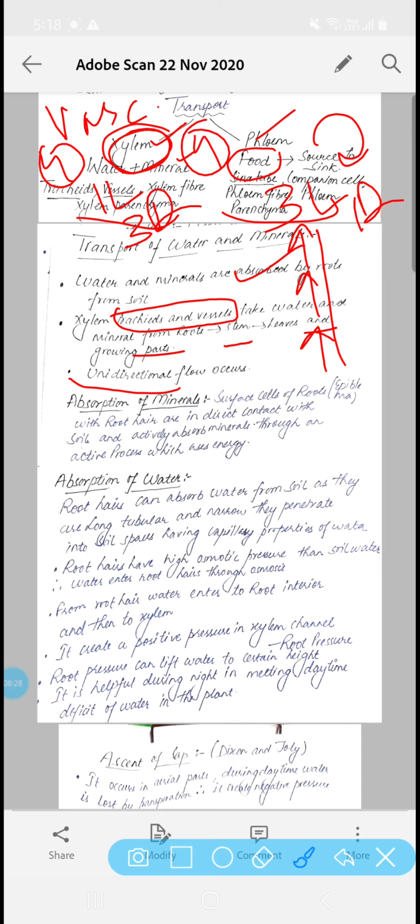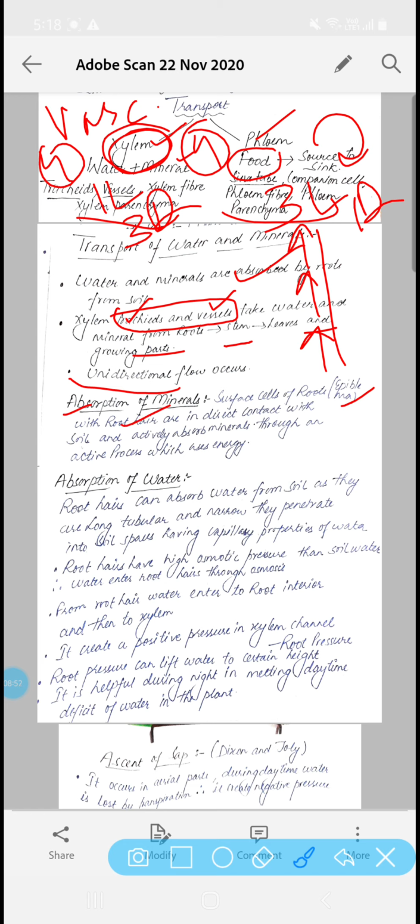So xylem is only and only conducting water and minerals, and which part of xylem is conducting? The main conduction units of the xylem are tracheids and vessels. Now if we talk about the absorption of minerals, the surface cells of the roots, like epiblema, the outermost layer of the root, form the root hairs.